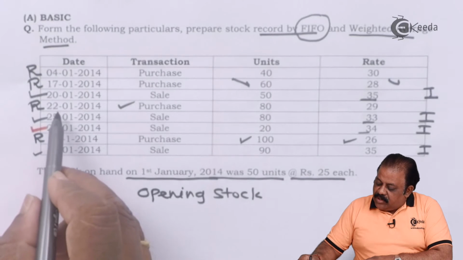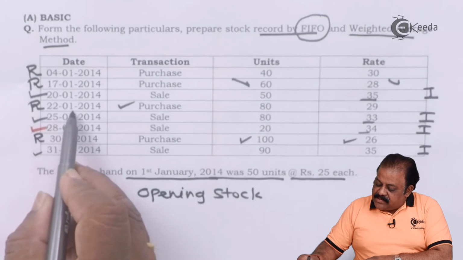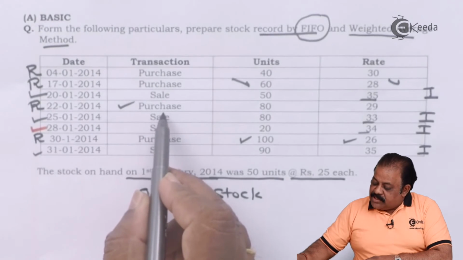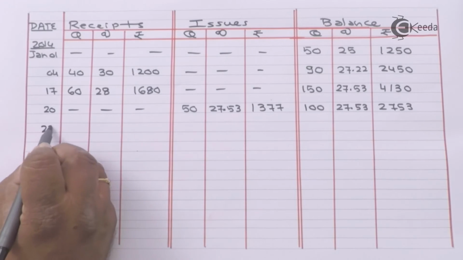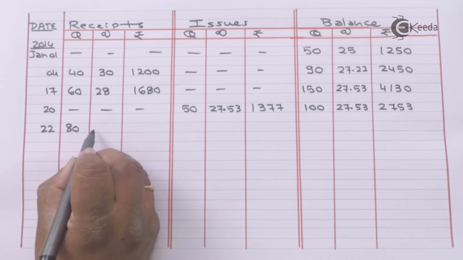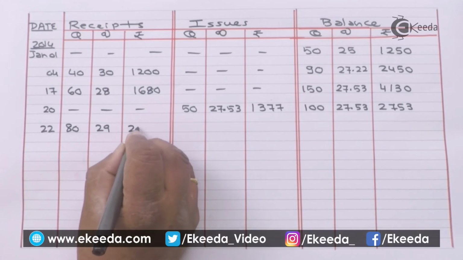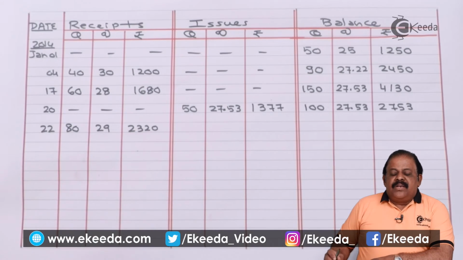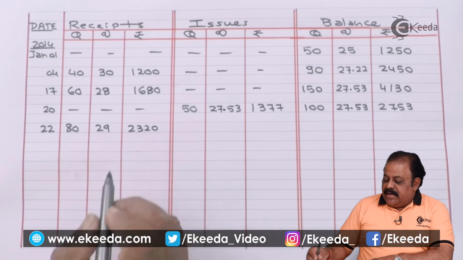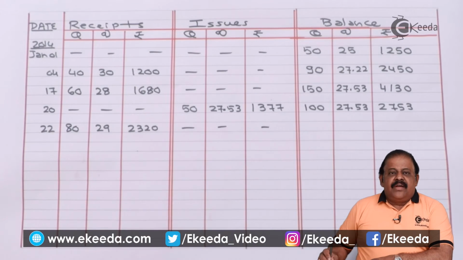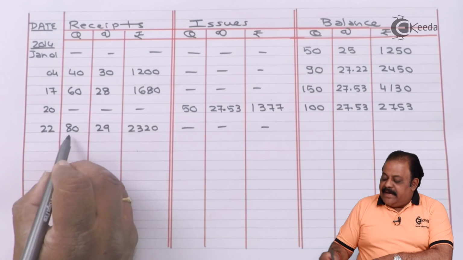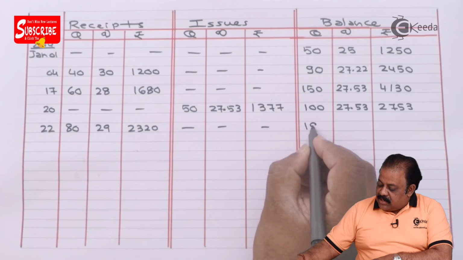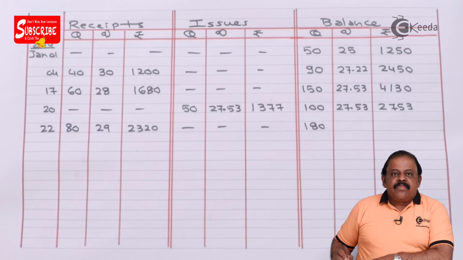On 22nd January there is a purchase of 80 units at the rate of 29. So purchase cost is 2320. Now we are required to record stock. We have 100 units. To these 100 units, these 80 units will be added. So total number of units are 180.